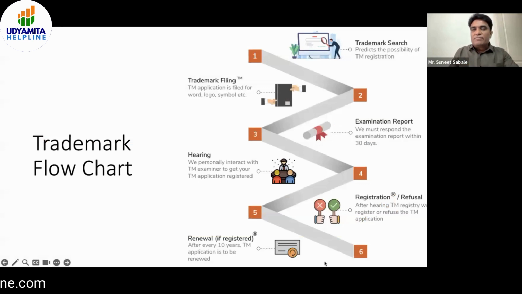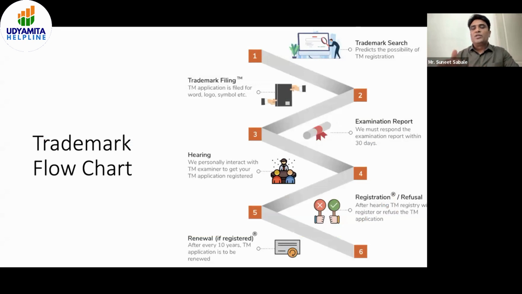So this is how the trademark applications are processed. Once you file your trademark application, you can write TM. It will go through initial scrutiny and then it will be published immediately on the website. Then it goes through examination. You will get an examination report and you have to respond to it within 30 days. If the examiner is convinced, he will register it, or there will be a hearing.